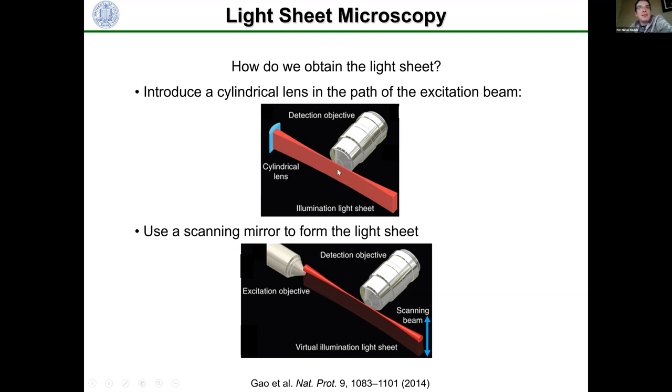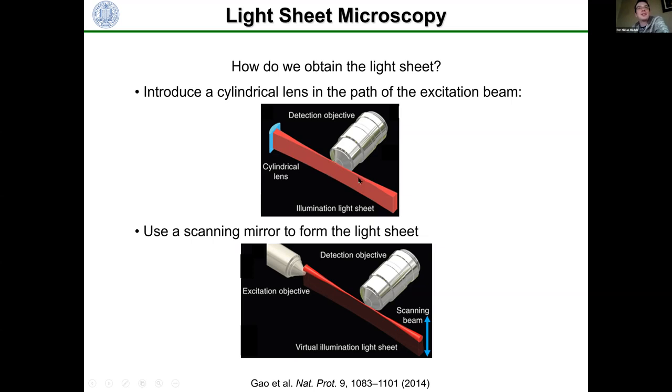You can also see immediately one of the issues of light sheet microscopy, and there have been many inventions and publications on how to address this problem, which is that the thickness of the sheet is not uniform. So you focus the light, it becomes thinner, then it reaches its thinnest point where you place your detection lens, and then it diverges again.